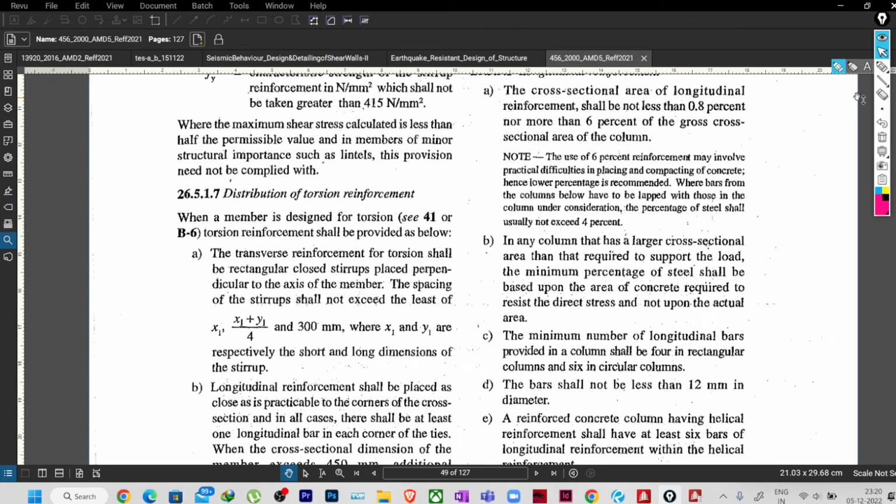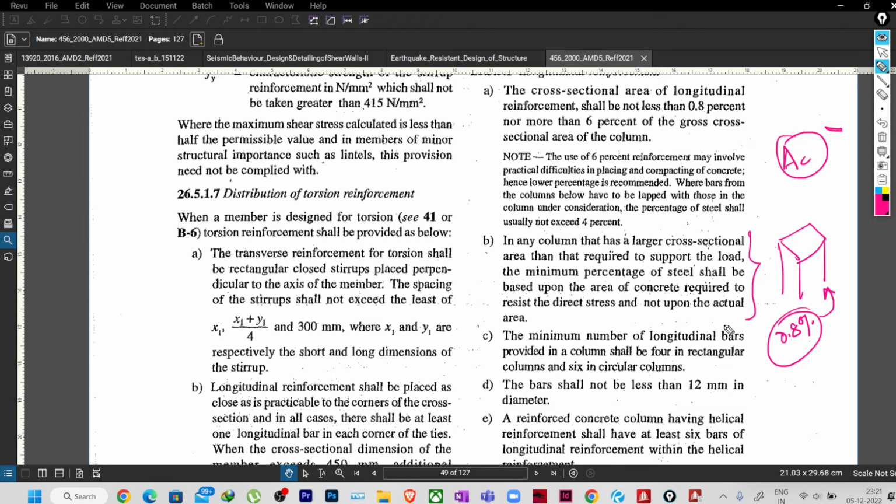That means whenever we are providing a concrete area much greater than the required area of concrete, the area demand, then when you find the minimum percentage of reinforcement, this 0.8% should be of the area which is required, not of the area you have provided.